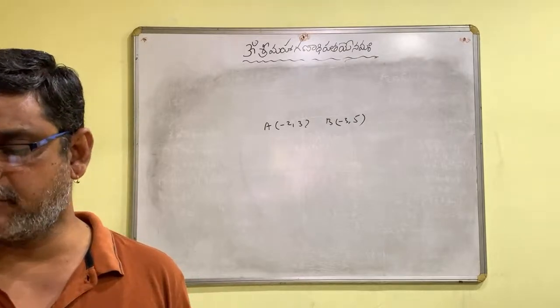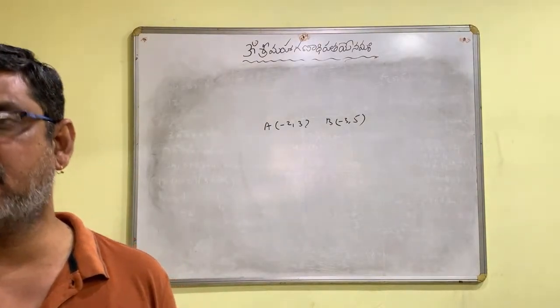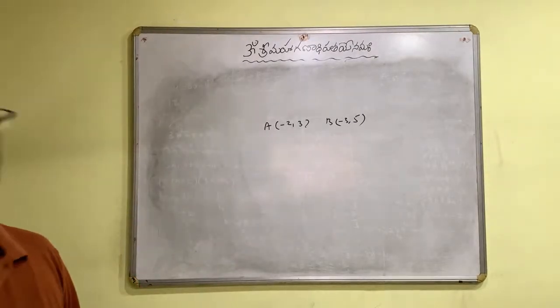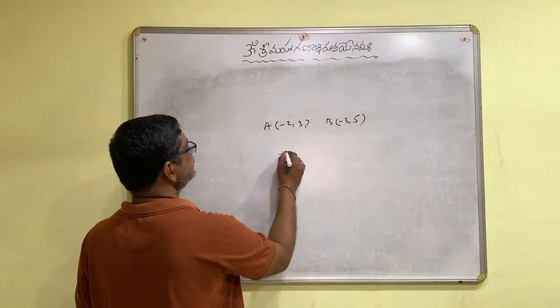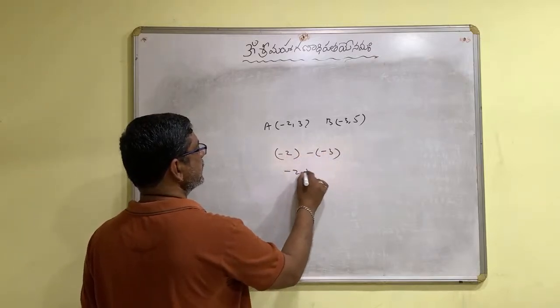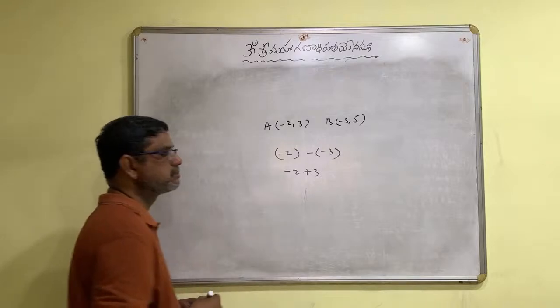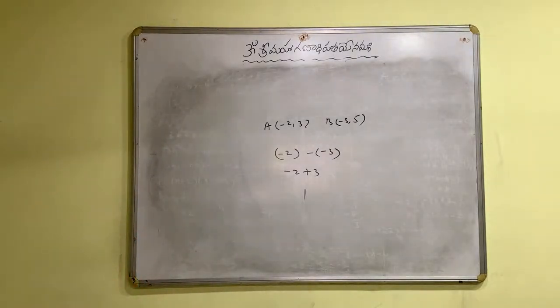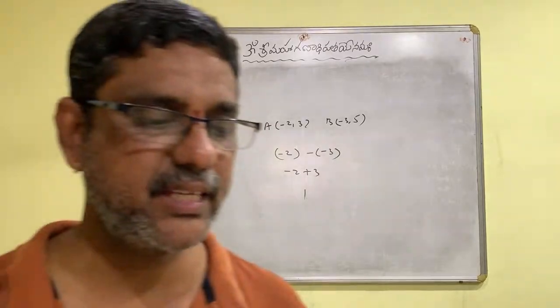Then abscissa of A minus abscissa of B. The answer is 1.